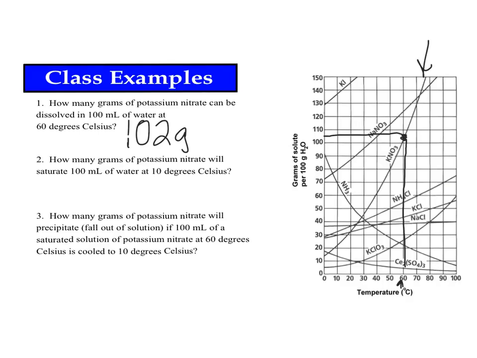The next question says, how many grams of potassium nitrate will saturate 100 milliliters of water at 10 degrees Celsius? So again, saturate tells me that I want to be on the line. So 100 milliliters of water, well, this is 100 grams of water, so that's the same thing.